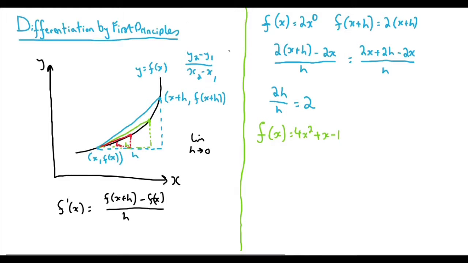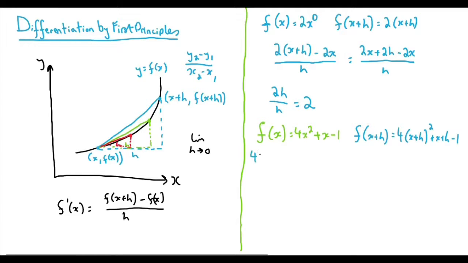Alright, so first of all, we should get our expression for f of x plus h. In this case, we'll replace every x with x plus h, so it's 4, and then that in brackets, then plus x plus h, and then minus 1 at the end. So, putting this now into our larger formula. Actually, I'll expand this right now first of all.